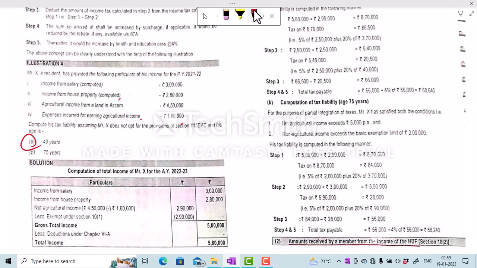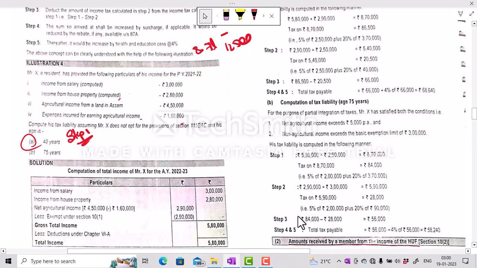For 40 years age limit, first find out the step 1, tax on total income. Total income is 8.7 lakh. So up to 2.5 lakh nil, 2.5 lakh to 5 lakh it is 12,500 and more 5 lakh to 8.7 lakh it will be 74,000.